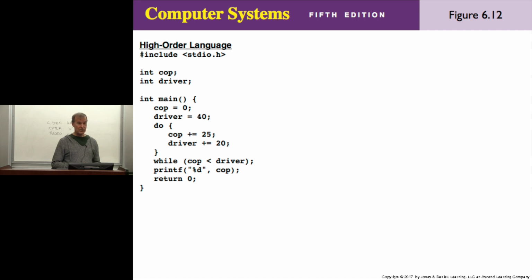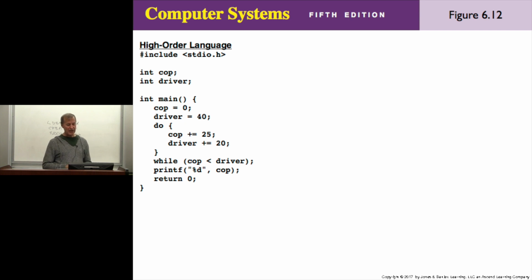Load word accumulator cop, add accumulator 25, immediate addressing. Then store word accumulator to cop, direct, because it's a global allocated with .EQUATE... with dot.